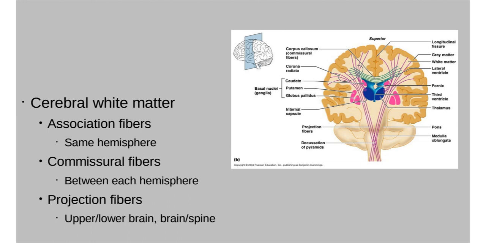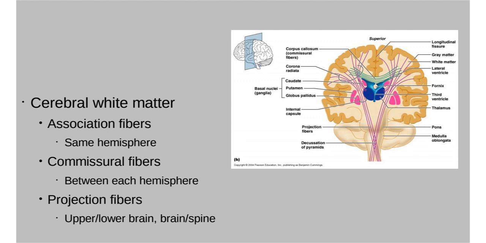So far, what we've been talking about is the cerebral cortex. And in this picture over here, that is this darker shaded area we can see, the outer few millimeters of the cerebrum. And that's gray matter. And as we go deeper, we get to what's called white matter.